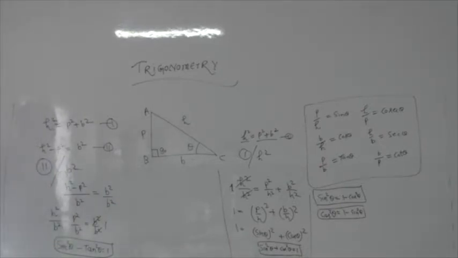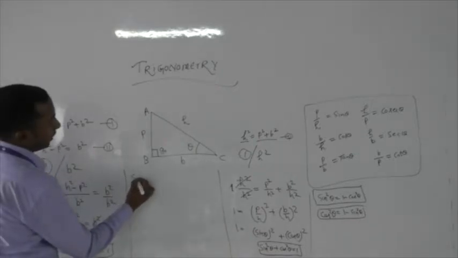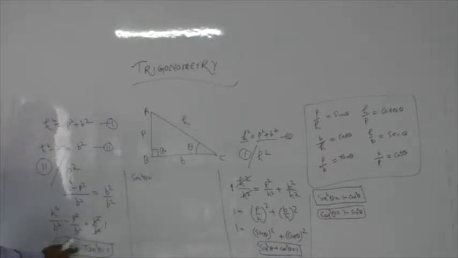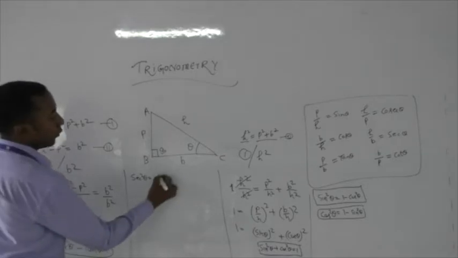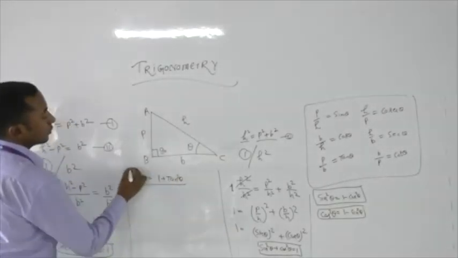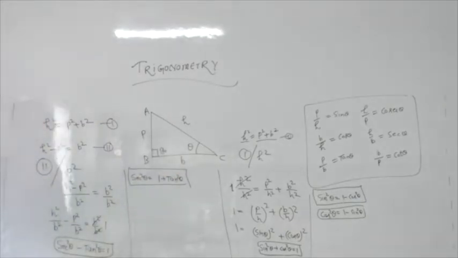From this identity you will get two more formulas. If you want to find the value of sec square theta, take tan square theta to the other side, the negative sign becomes positive, so sec square theta is equal to 1 plus tan square theta.